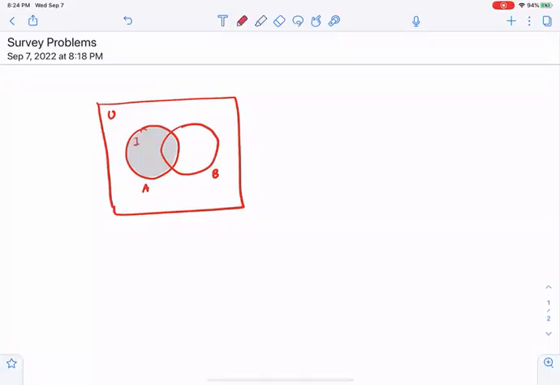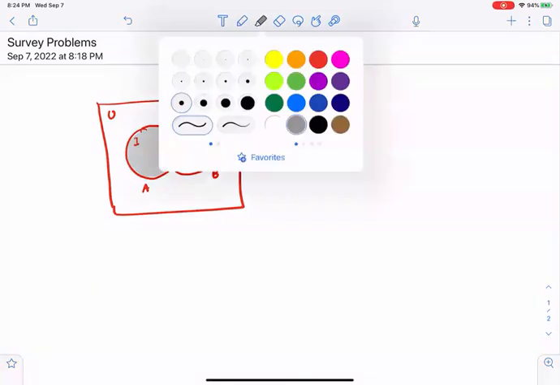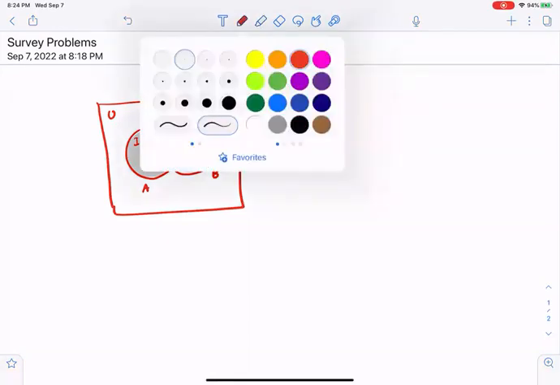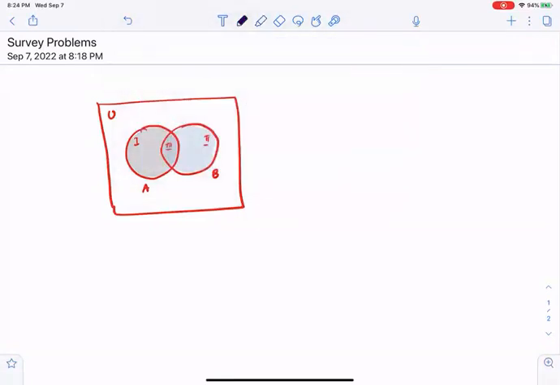So that's region 1. Perhaps I'll go for that color. Region 2. And in the middle, I have region 3. Let's hypothetically take counts. 21, 9, 13, and 8.